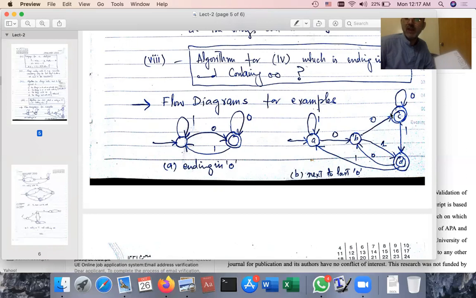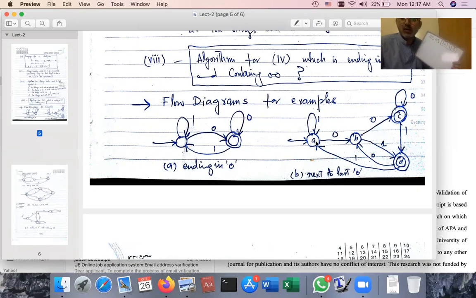This is a valid string, and these boxed strings are not valid strings. So this is 0 and then 0, and you can make it a final state, or represent it with a double circle because this is an acceptance state. So 0 0 is now accepted.